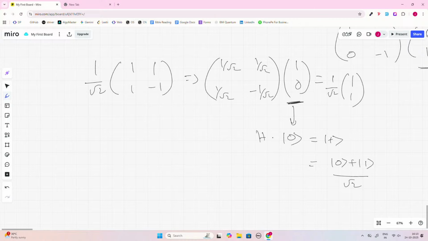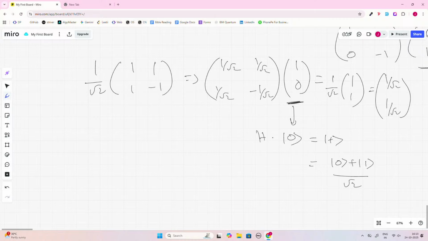Are you getting this output? 1 by root 2, 1 by root 2. You get the output like this. It is nothing but 1 by root 2 times [1, 1].